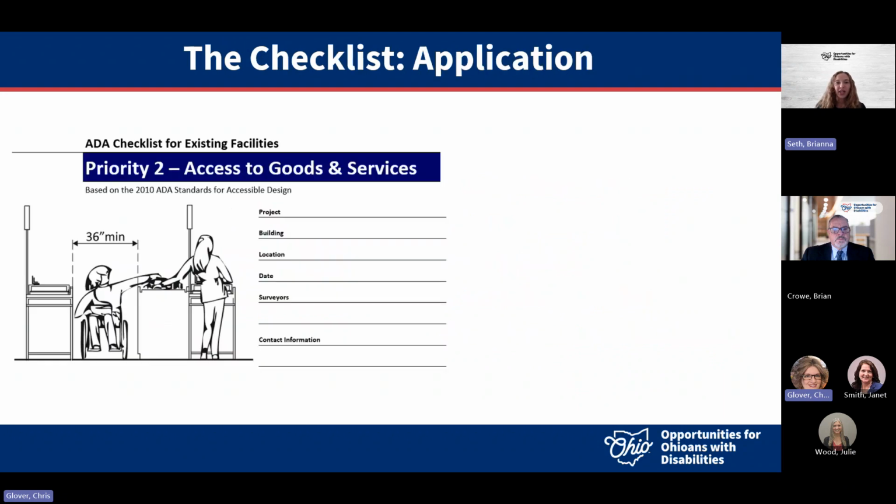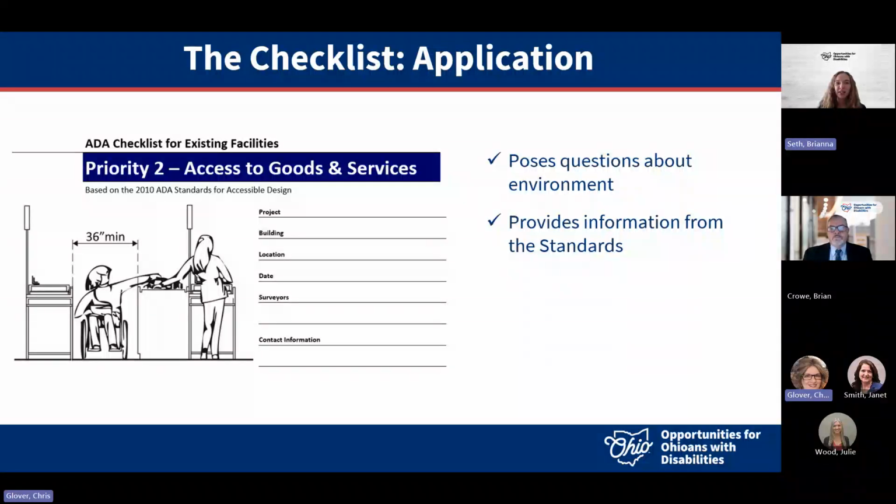In each priority area, the checklist poses questions about the environment to help identify barriers. Sometimes it provides information from the standards, like measurements, to help with evaluating aspects of the environment. For example, in Priority 2, the Access to Goods and Services checklist asks if there's a route at least 36 inches wide between checkout lanes.